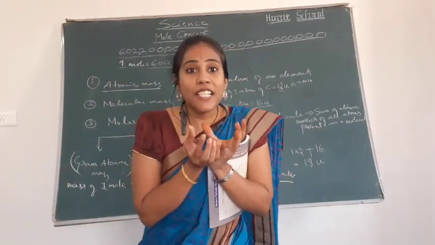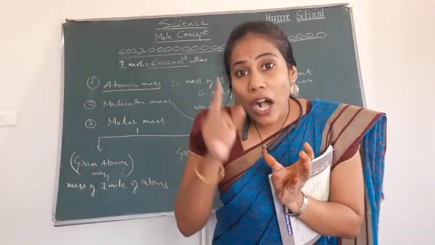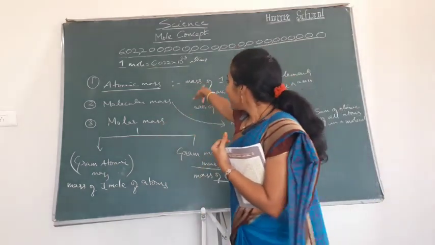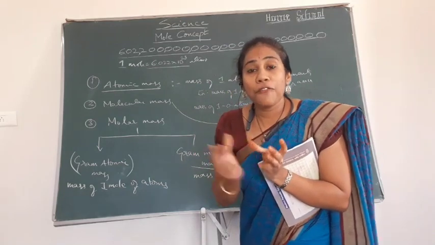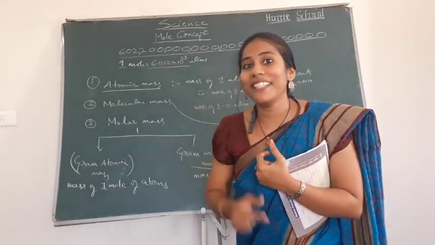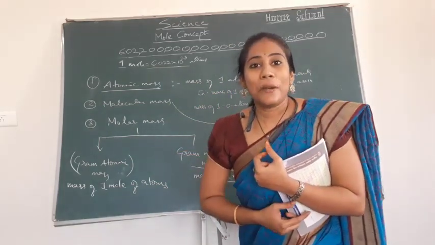So the mass of 6.022 into 10 to the power of 23 atoms is called gram atomic mass. Got to know the difference? This is just the mass of one atom, and this is the mass of the collection of 6.022 into 10 to the power of 23 atoms. So that is called gram atomic mass.